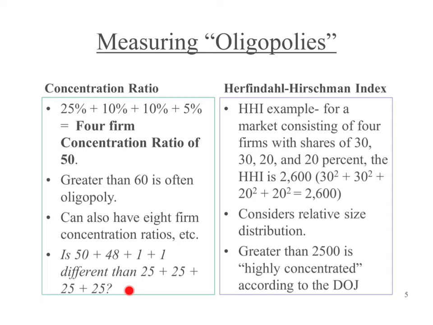If we had a second industry that was 25%, 25%, 25%, and 25%, they both show these four firms have 100% of the market, but clearly these are not the same markets, right? They're very different types of markets because one is dominated by two players and one is dominated by four.